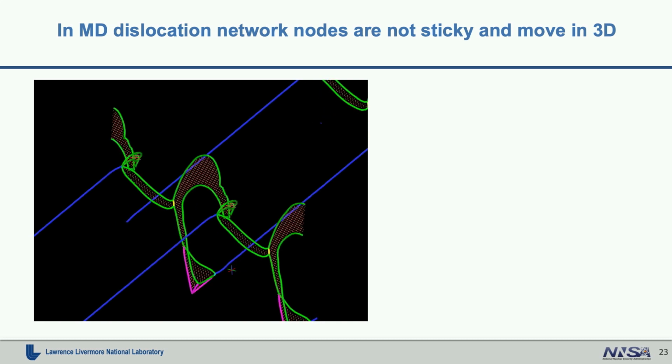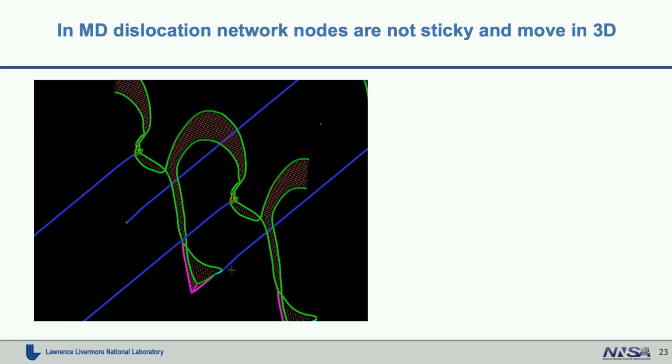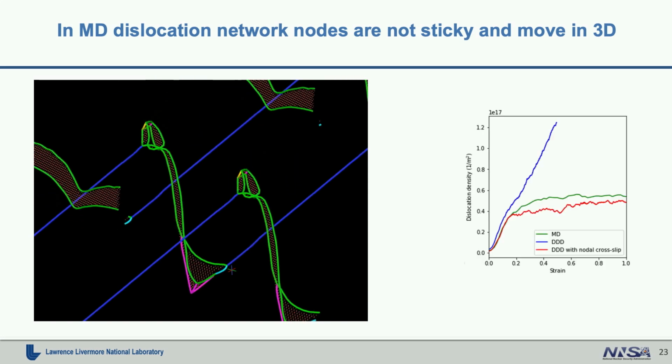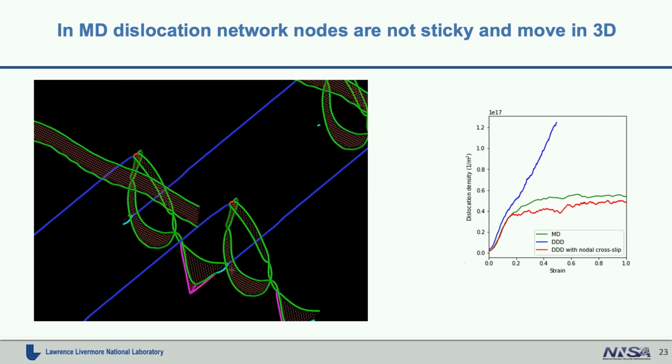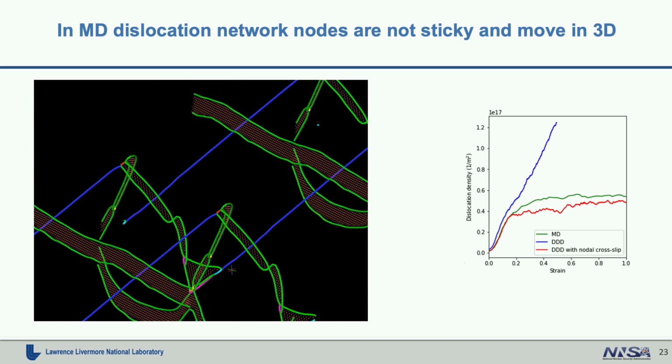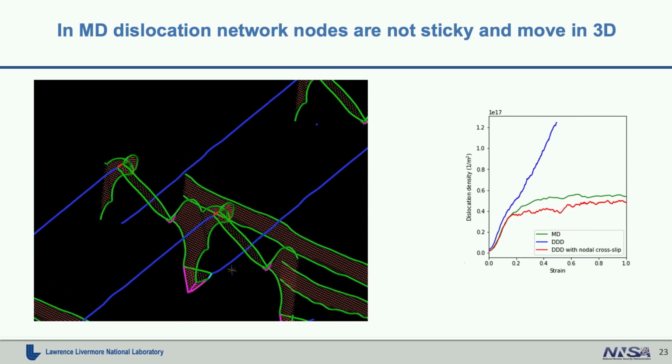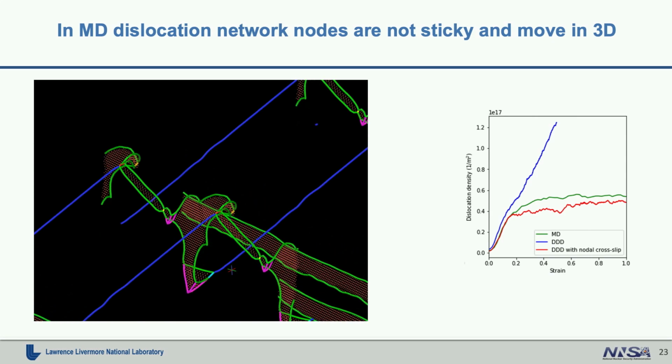And that is the mechanism of removal of these dense tangles. And once we accounted for these mechanisms, this is what happened. A dislocation dynamics model corrected for this mechanism, now in action, is actually predicting the steady state flow.